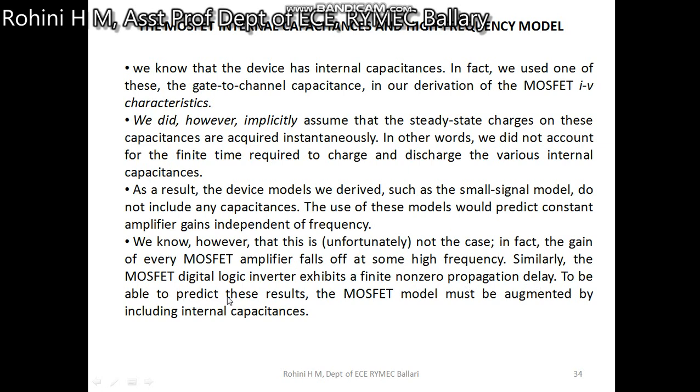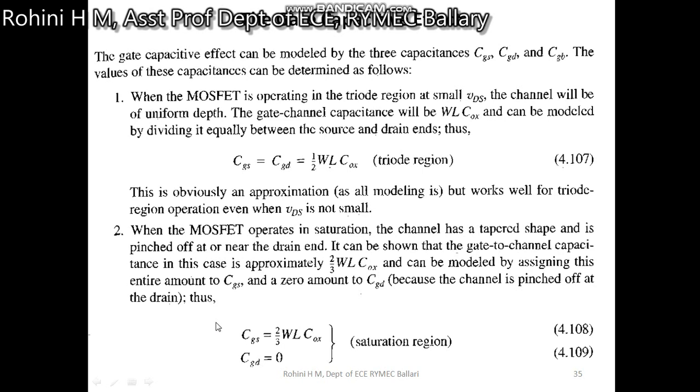To be able to predict these results, the MOSFET model must be augmented by including the internal capacitances. It's very important to consider these internal capacitances and the time for charging and discharging them. There are two such capacitive effects. First we learn the first type, the gate capacitive effect.